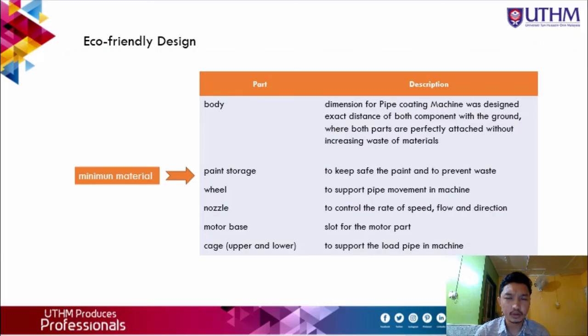The paint storage is to keep the paint safe and to prevent waste. The wheel is to support the pipe movement in the machine. The nozzle is to control the rate of speed, flow and direction of the paint. The motor base is the slot for the motor part, and lastly, the cage is to support the load of the pipe machine.